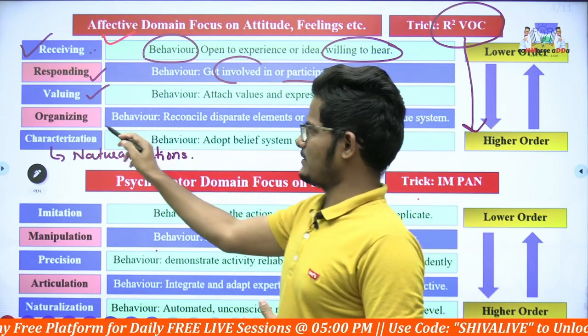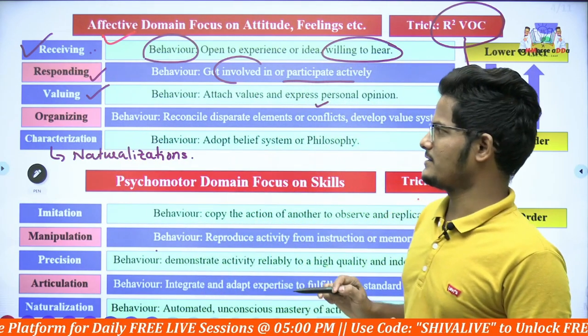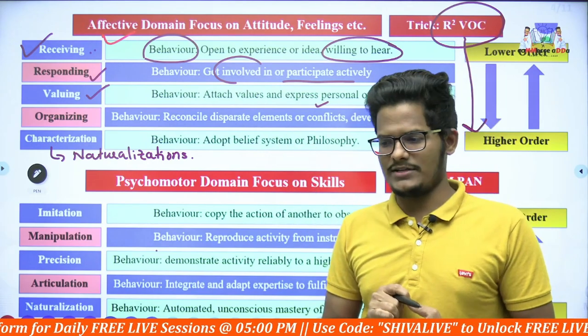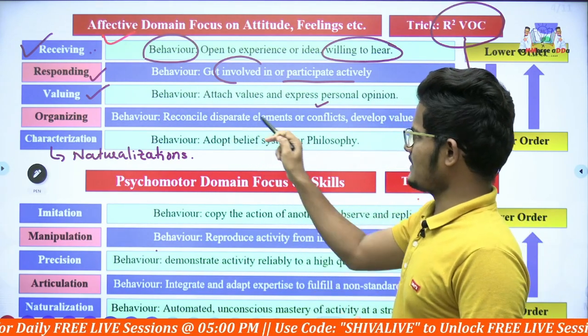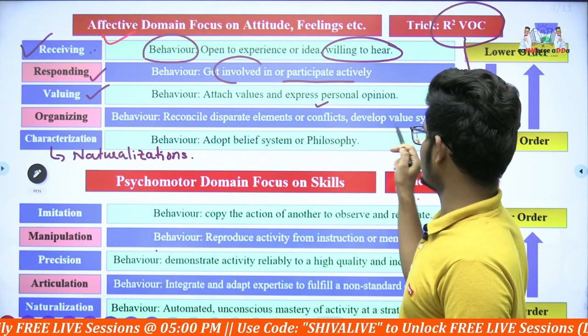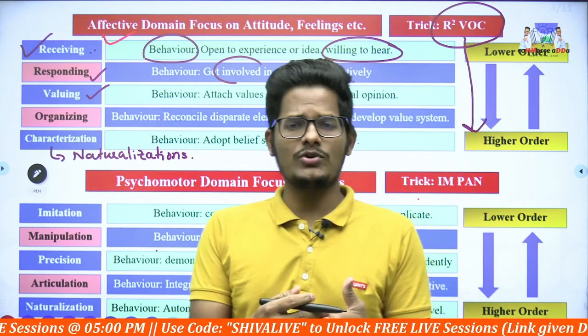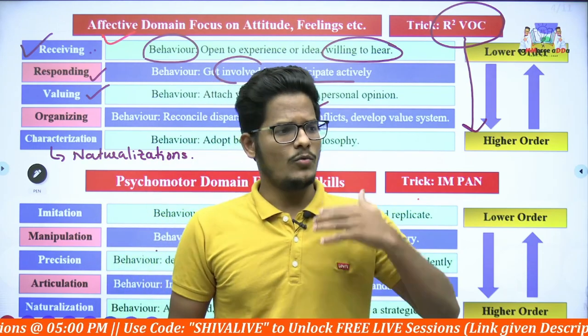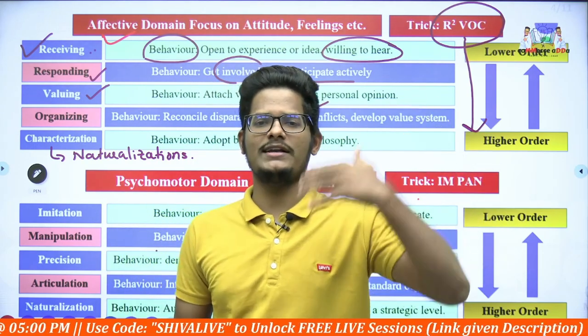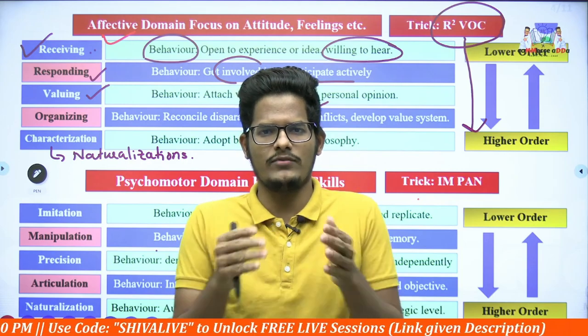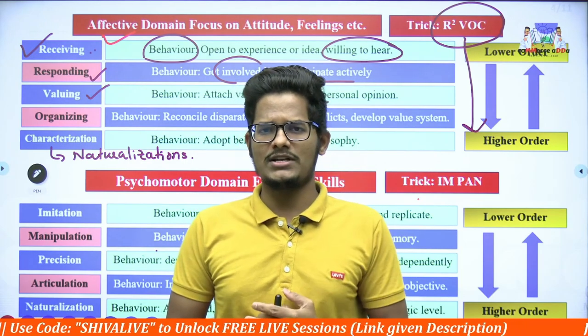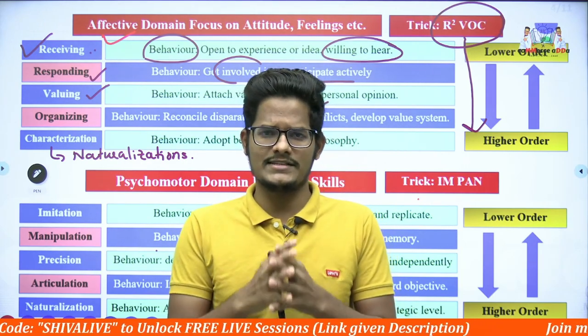Next stage is organizing. How is the person's behavior here? Reconcile disparate elements or conflicts and develop a value system. Suppose you contradict another person because what you said and what the other said is not matching. There the conflict will be created, whether it is an emotional conflict or any other, that's secondary.